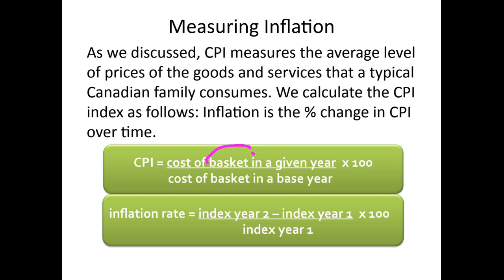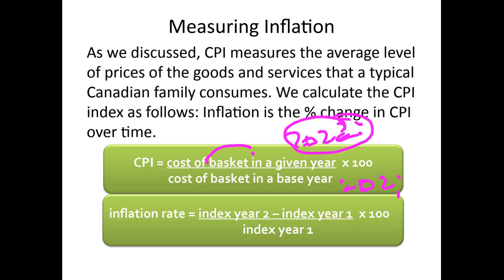Suppose the given year is, let's say, 2022, and the base year is 2021. So you just take the cost of this basket in 2021 and the cost of the basket in 2022, and then multiply by 100, and you get consumer price index for 2022.